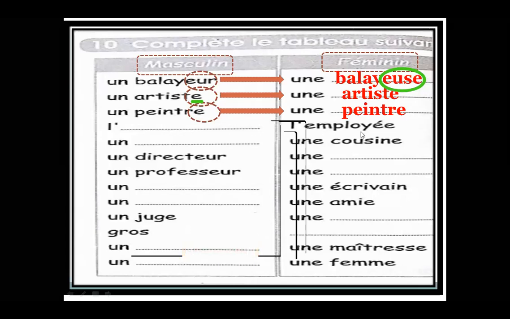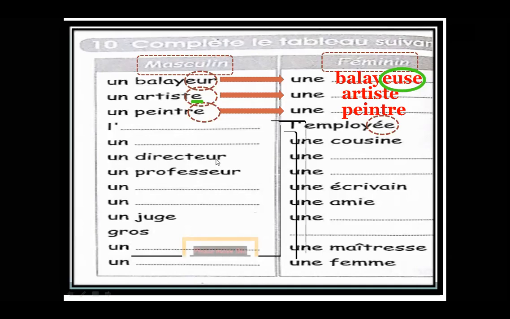Here on the right side, employé ends with what? Ends with double E. So what will we do to go back to the masculine form? Who knows? Adam? We remove one. Excellent, Adam.